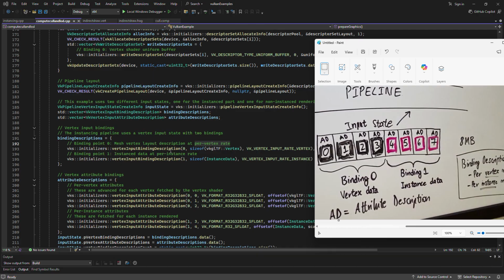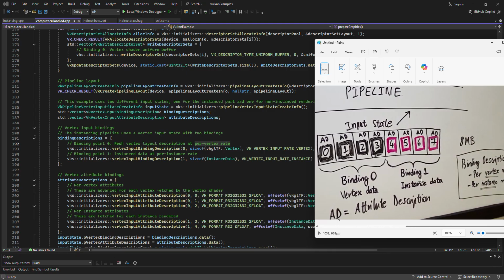So we have the vertex input binding description. What is the signature for it? We have the binding, which is 0, and then the stride, which is basically per vertex, and then the vertex input rate, VK vertex input rate vertex, right? So now binding 0 is being consumed on a per vertex basis.